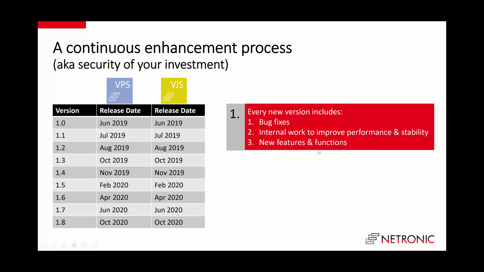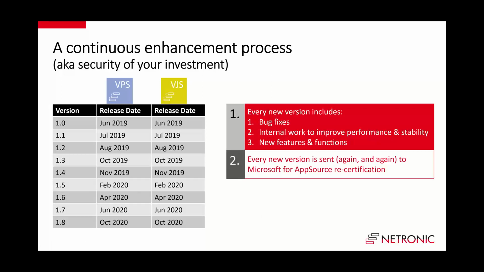And then if you have a valid support and maintenance agreement with us, then every new version with new function is free to use, so you can update at no charge. And if you run VPS or VJS from AppSource and are under a valid subscription payment model with us, then also you get all these new versions with these new features at no additional cost. So I think this is really a good benefit for you.